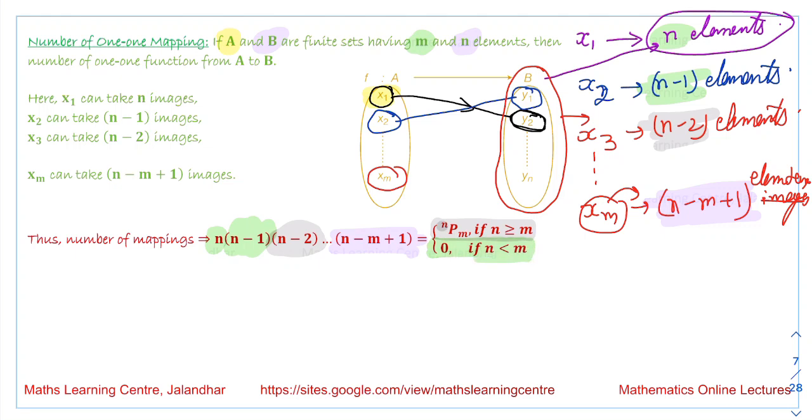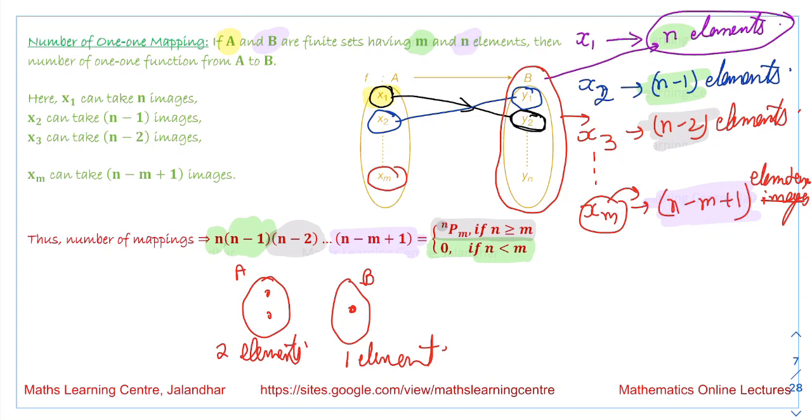What is the case when n is less than m? Suppose the set A has two elements and the set B has only one element. We are talking about the case when set B has one element and set A has two elements.